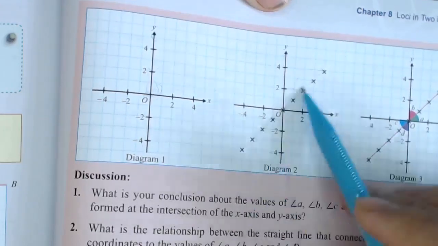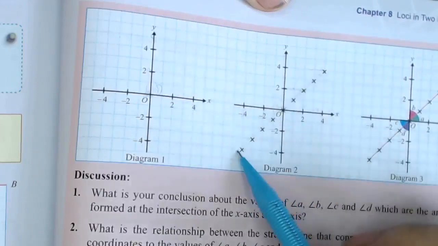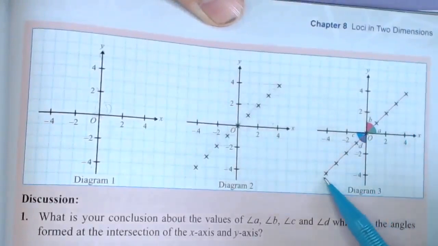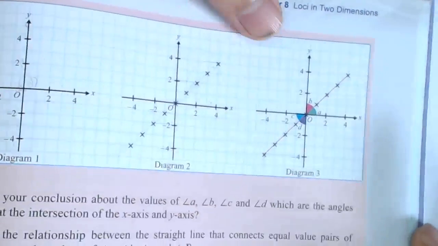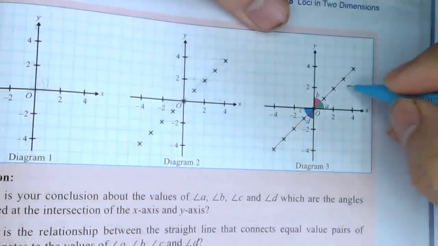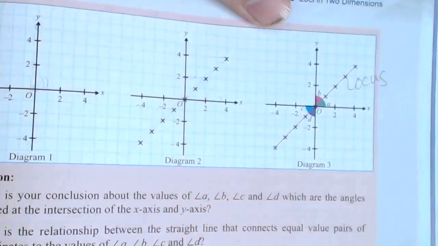As usual, if we connect all of the points with a straight line, what we see is known as a locus.